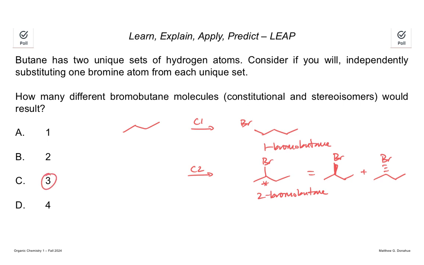And again, I'm not just whistling Dixie here. The point of that exercise is when we get into Module 4 on Friday, the first reaction you're going to learn is C-H substitution, where you're taking a hydrogen atom and substituting it for a halogen.